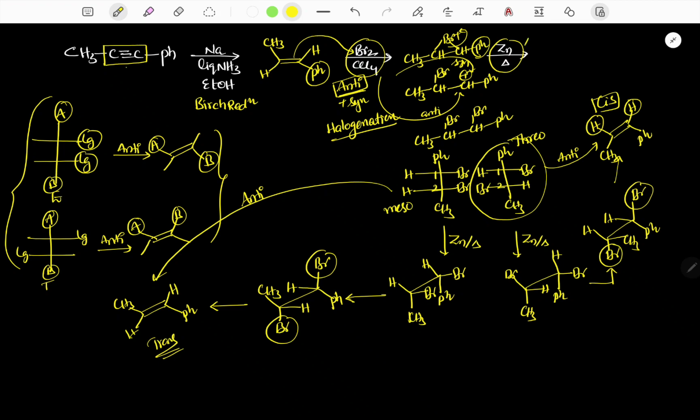Here not only zinc, we can also use magnesium, we can also use I minus in acetone. So we can use any one of these reagents. And another point, terminal alkynes with sodium ammonia, only an acid-base reaction takes place, no reduction. Terminal alkyne with sodium liquid ammonia, there is no reduction, only an acid-base reaction.